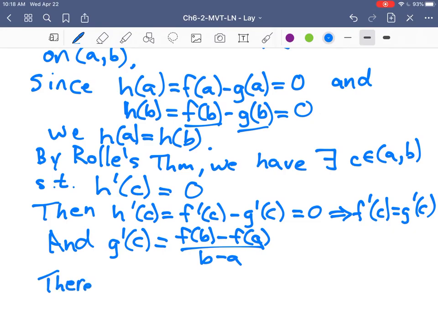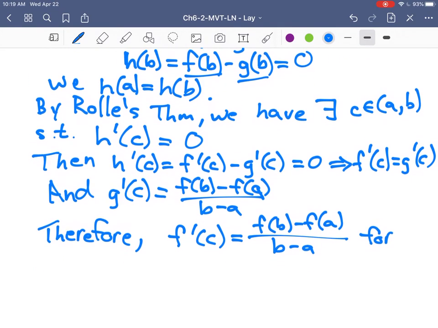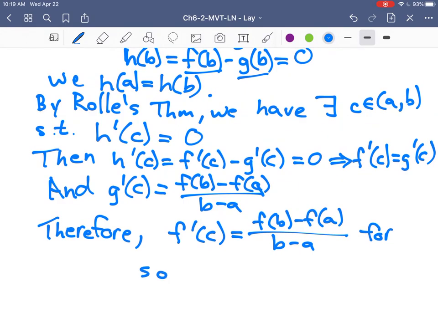Therefore, the derivative of f at c is equal to f of b minus f of a over b minus a for some c in that open interval from a to b.